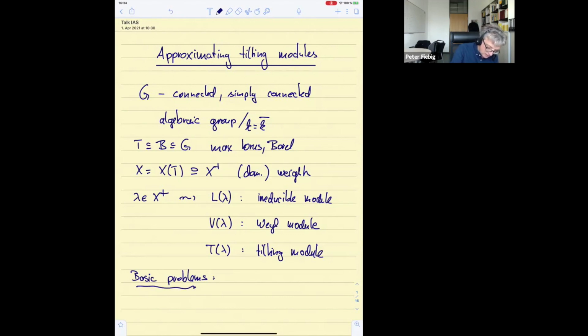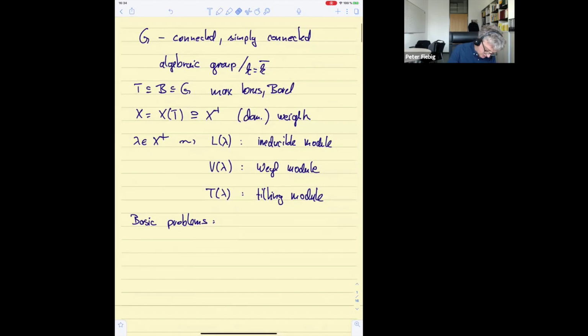So the first basic problem is, of course, to calculate the character of L lambda. And this would be equivalent to giving the Jordan-Hölder multiplicity of the Weyl modules, because the characters of the Weyl modules are known.